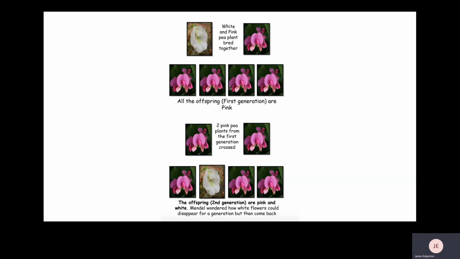The second part of the experiment: when you have one dominant purple and one recessive, that's called heterozygous. He took the two, and in the second generation he let the heterozygous flowers self-pollinate. The outcome was 3 purple flowers and 1 white flower.